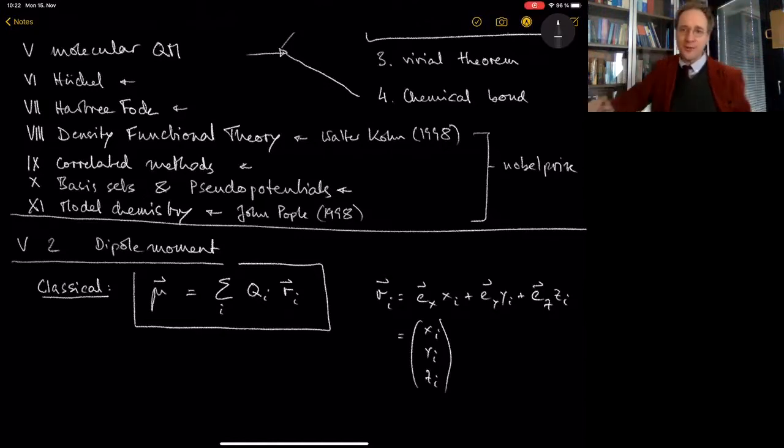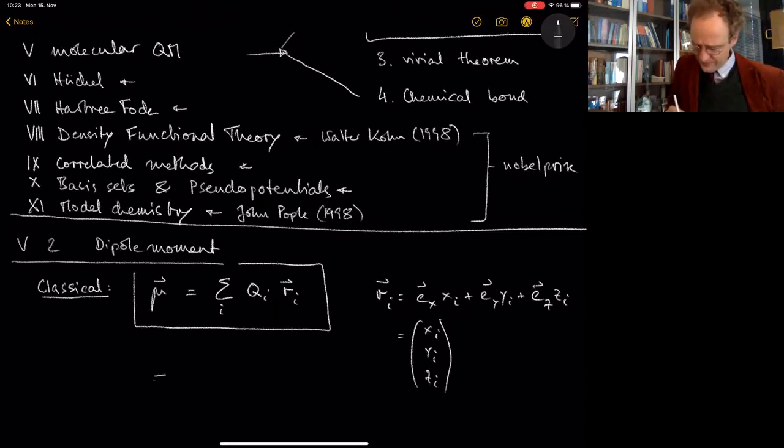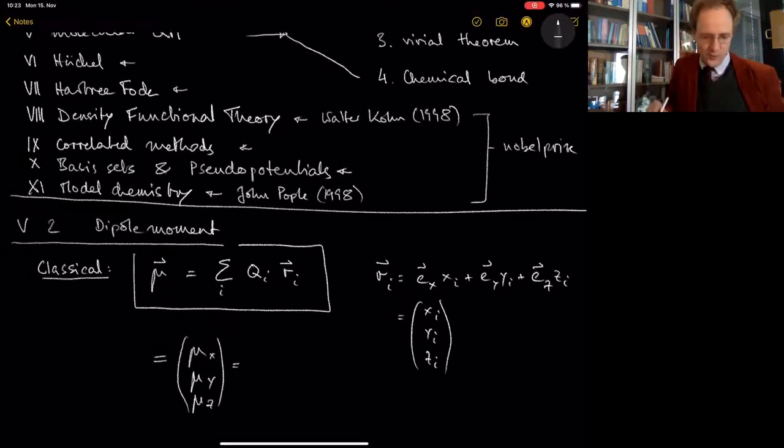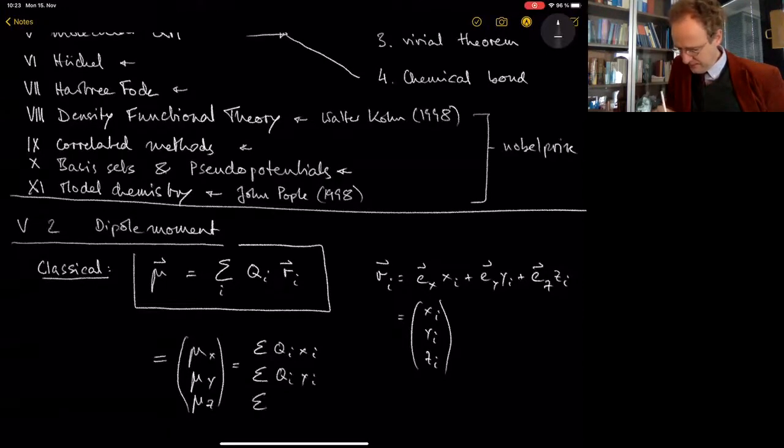Of course, you can do coordinate transforms if you'd like to, but for this discussion, we will stick to the Cartesian coordinate system. This means then that our dipole moment consists of components mu x, mu y, mu z, where mu x is nothing else than the charges times x, mu y is charges times y, and mu z is charges times z.